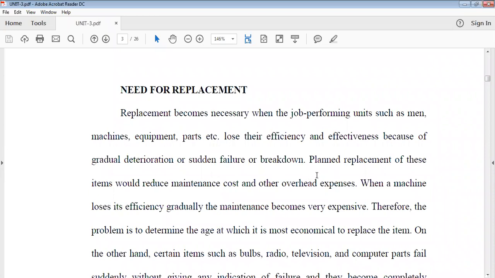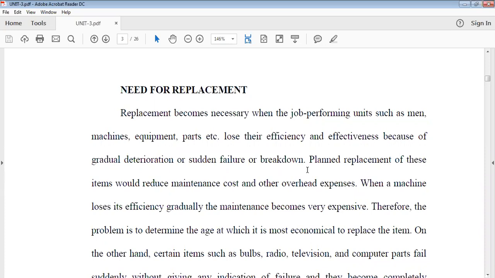So replacement is a must when, while performing a particular job, either men or machines or equipment parts lose their efficiency or effectiveness because of gradual deterioration. Next, planned replacement of these items should reduce maintenance costs and other overhead expenses. Planned replacement is very important in the replacement policy.